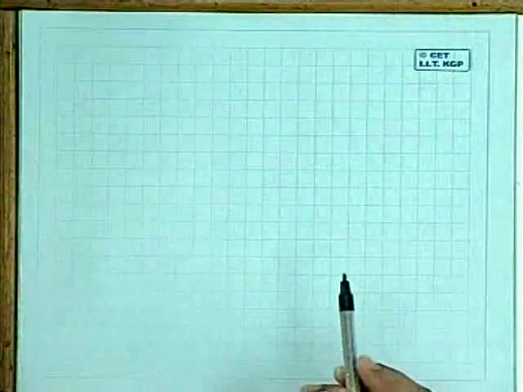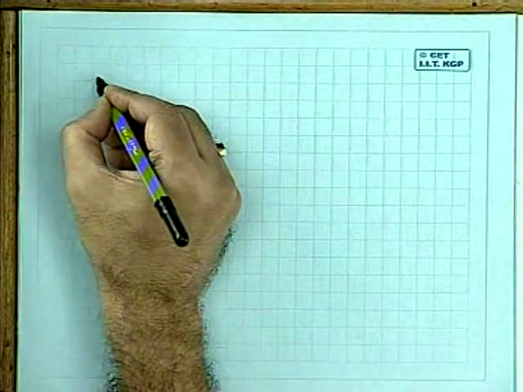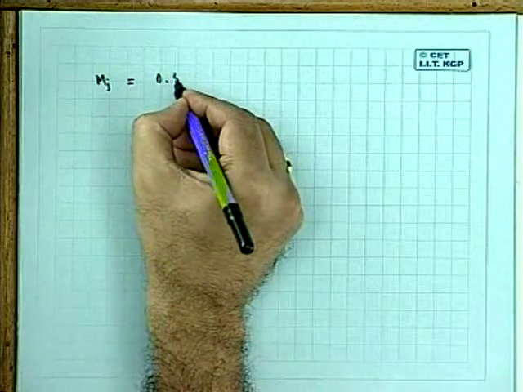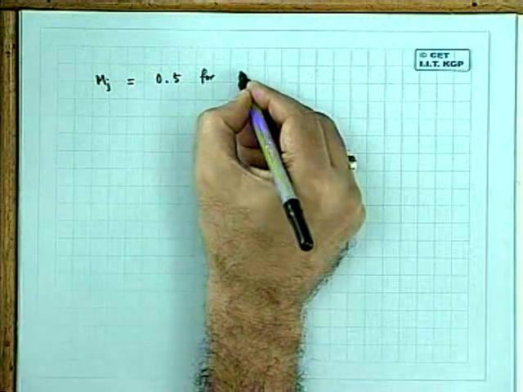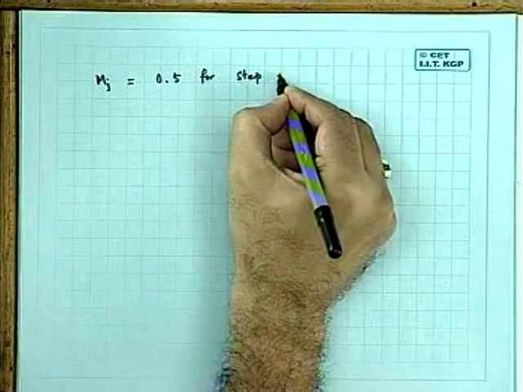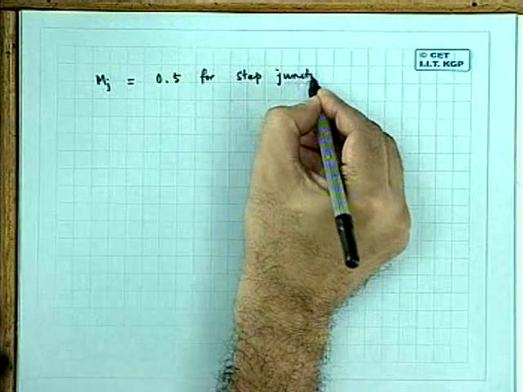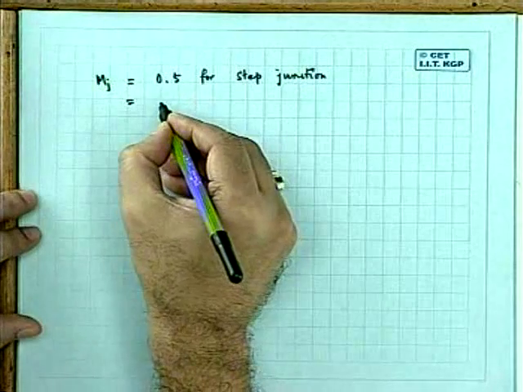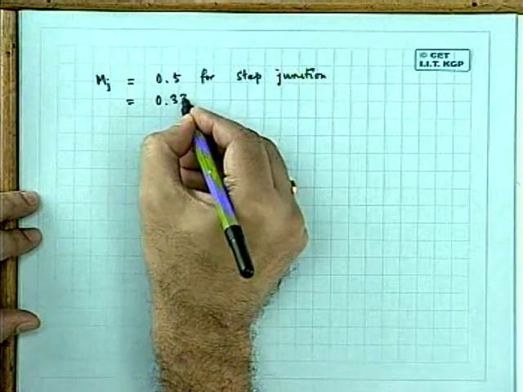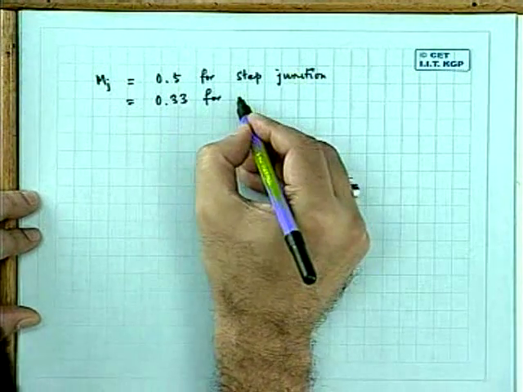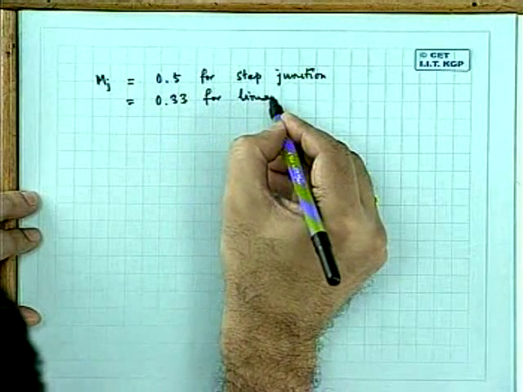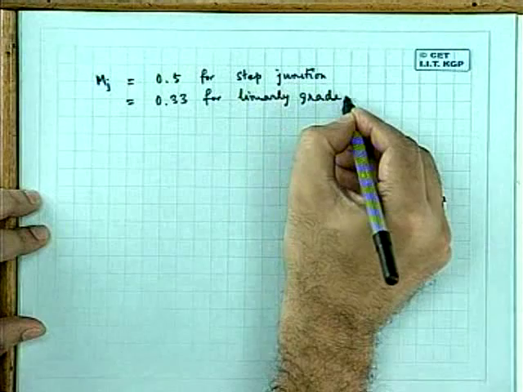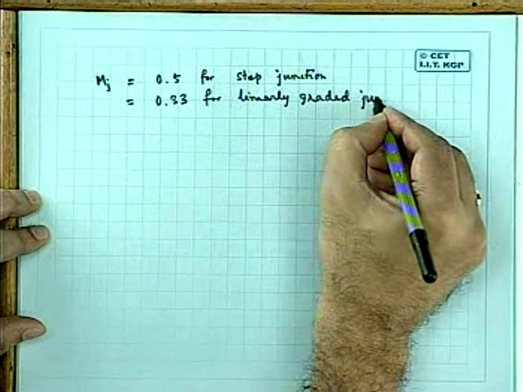MJ typically, as I have written earlier, is equal to 0.5 for a step junction and equal to 0.33 for a linearly graded junction.